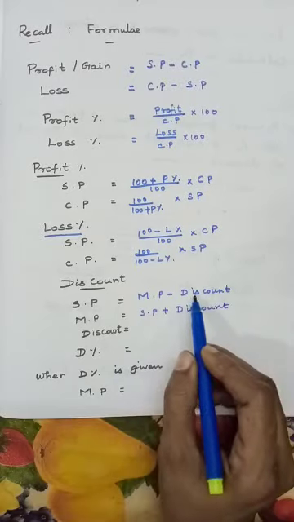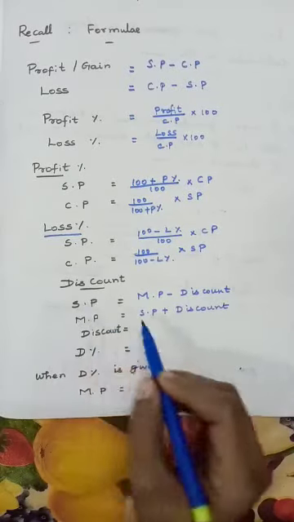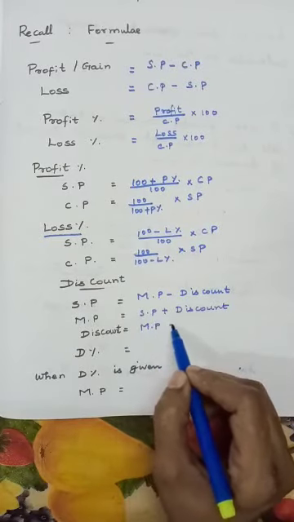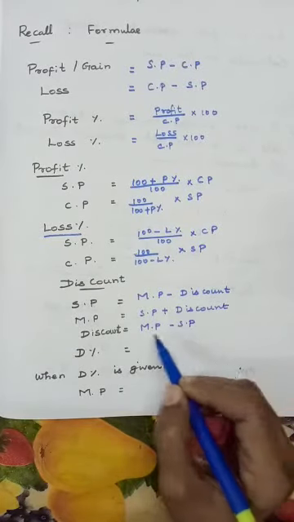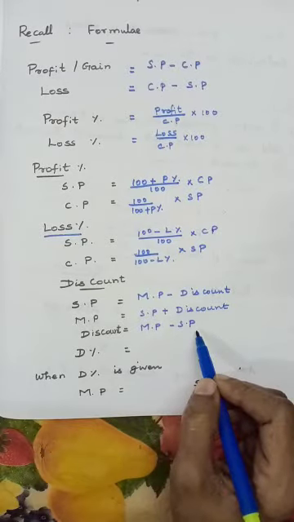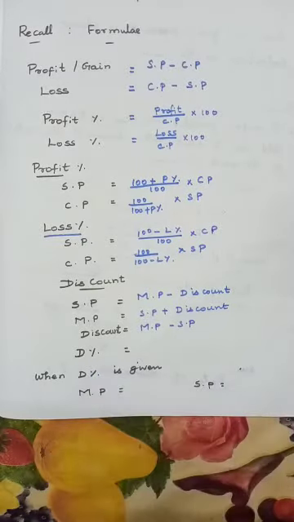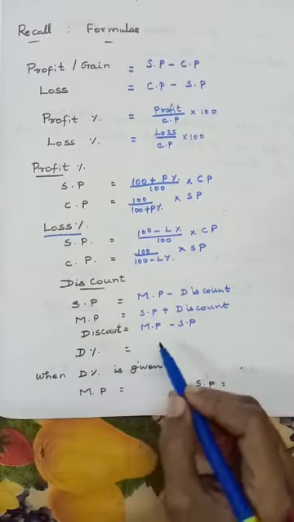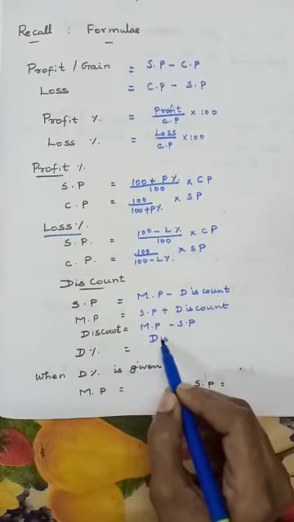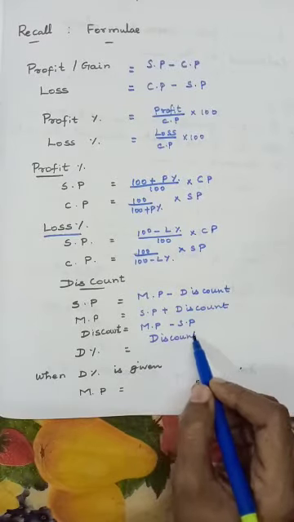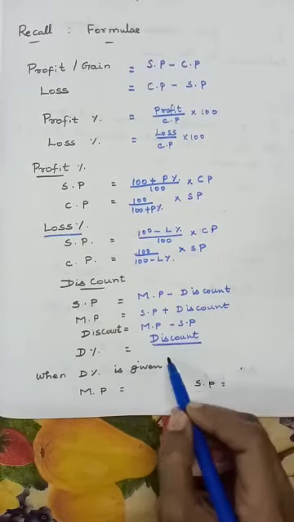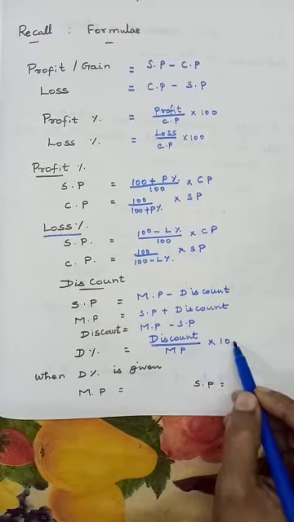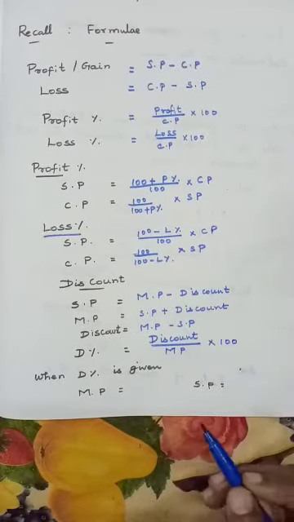Then discount is equal to, bring this discount this side, then it will come positive, then bring this SP that side. So MP minus SP, that is marked price minus selling price. Then discount percent is equal to discount by MP, that is marked price, into 100. That is discount percent.